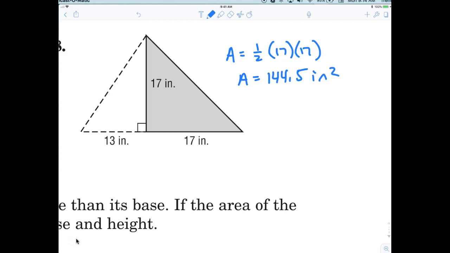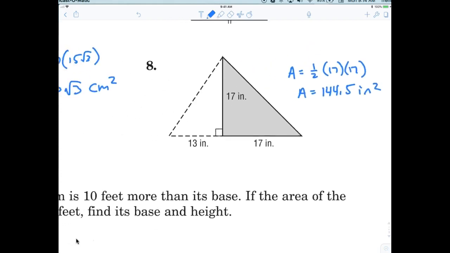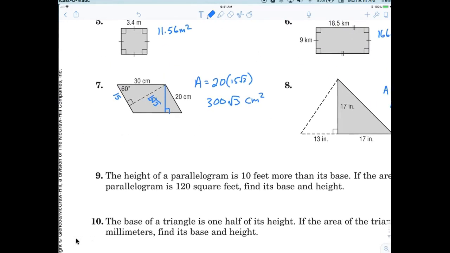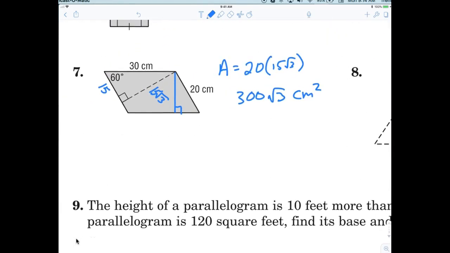I don't get how, especially on number 7, you know that that's the height. Okay. So again, the height is the perpendicular distance between the two bases, right? So from here, watch, I'm trying to draw the height. It's perpendicular at that exact point.